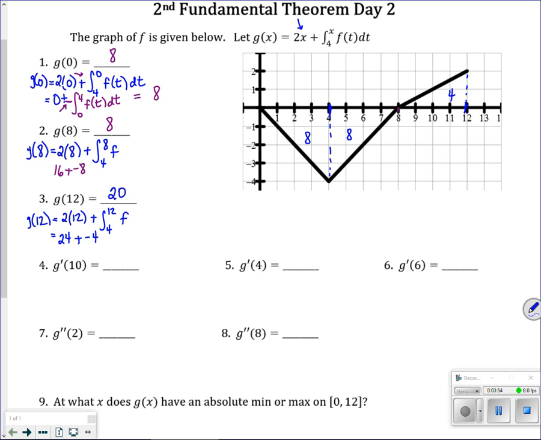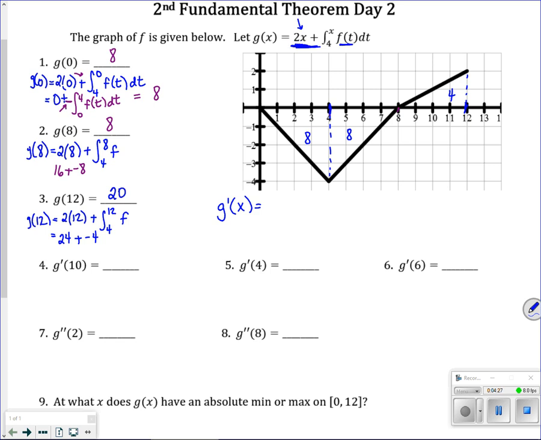Cool. Now let's look at the derivative. You have to be careful because yesterday we talked about the derivative, and hopefully you're like, oh, I would just replace the f with x, and since the bottom bound is a constant, that just goes away. That's true, but you have this piece as well. So let's write down what the derivative would be. So g prime of x, I have to go down the line with the derivatives.